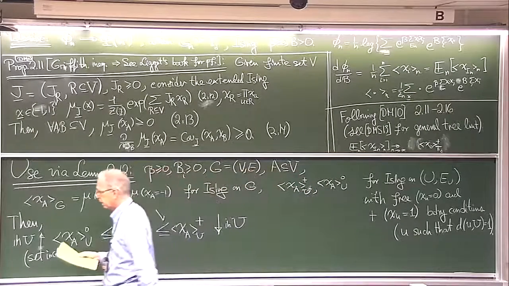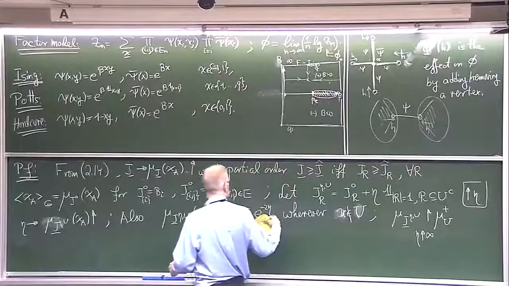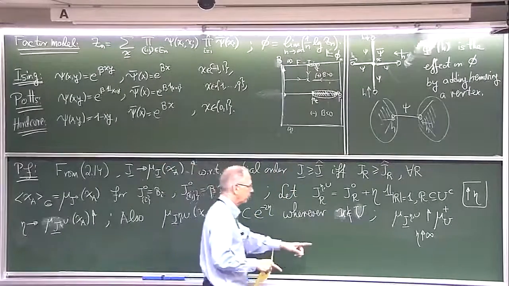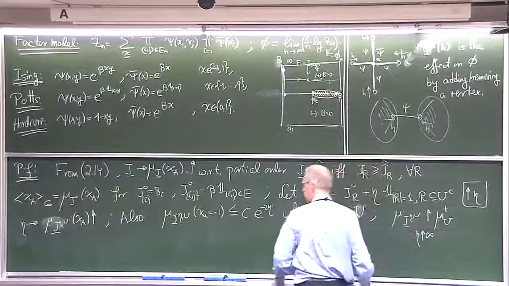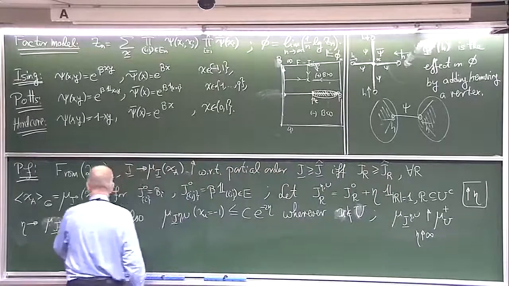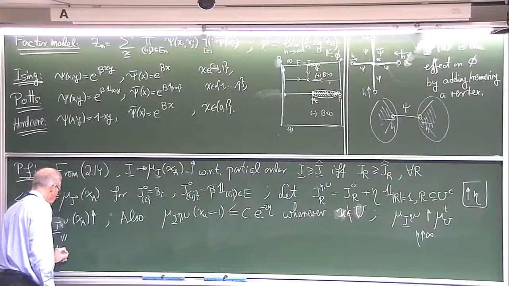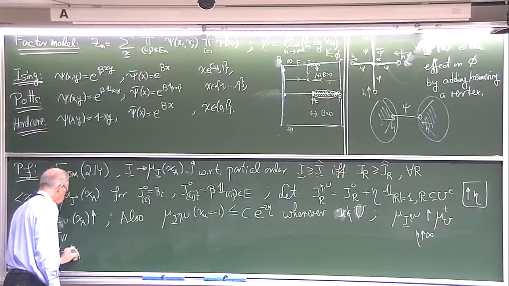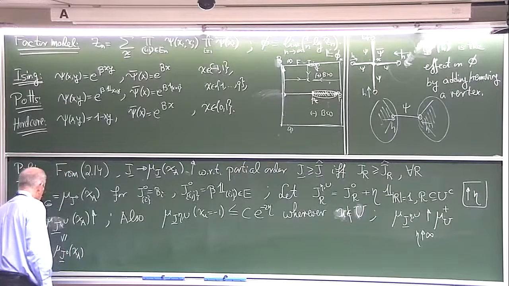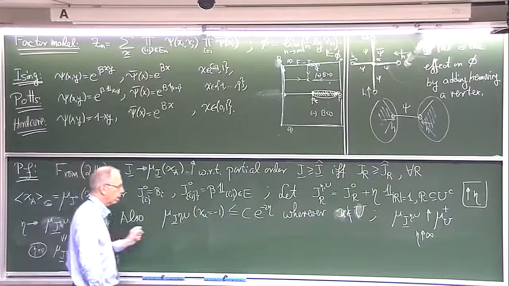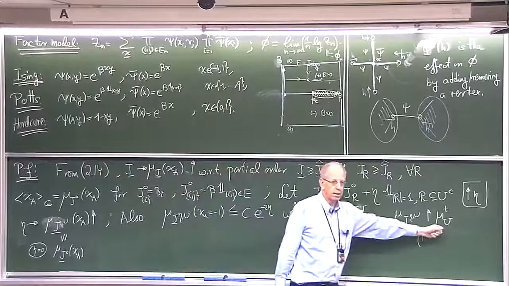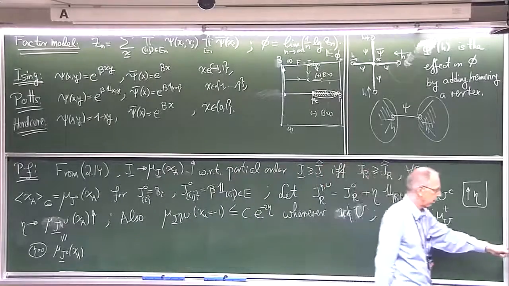Because the guy XA, as we mentioned before, is increasing, right? We said this is increasing, so this was going monotone. It is bigger than mu J0 XA, which corresponds to eta equals 0, and is smaller than what it gives you at infinity. So I just got you this part.